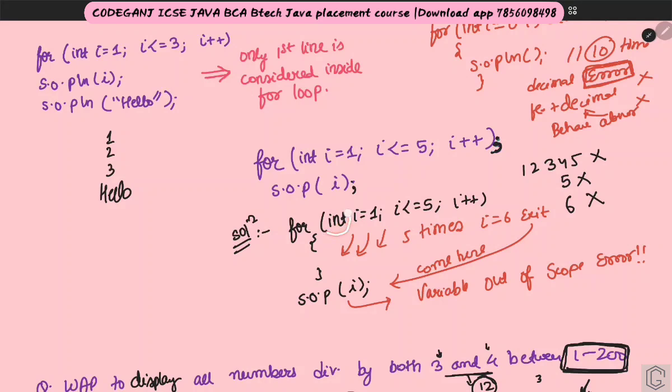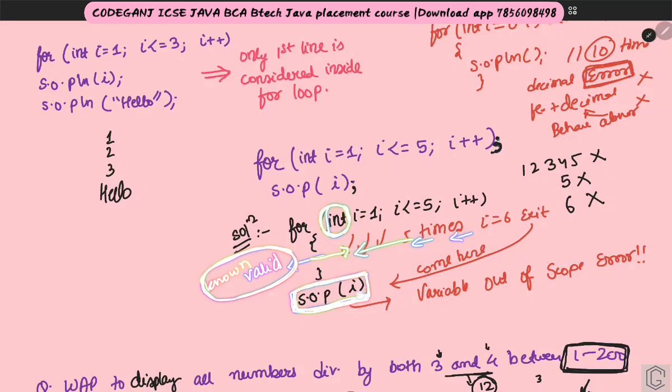Because you have declared your i inside the for loop. So your i will be known to the compiler only inside this for loop. The existence of i only lies inside the for loop. As long as you are using i inside this for loop, it is fine. But now you are trying to access i outside the loop, and hence it will not be accessible as it is not a globally declared variable.